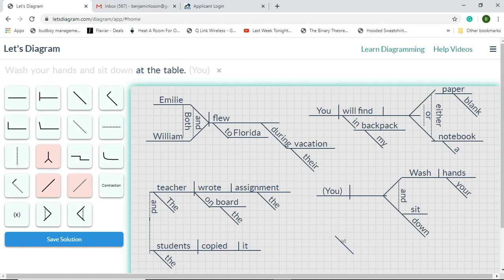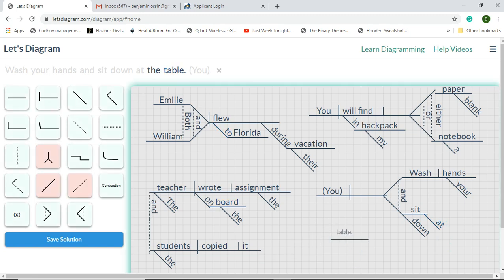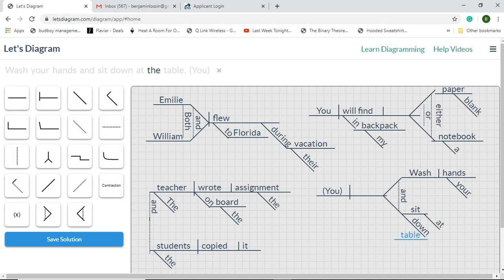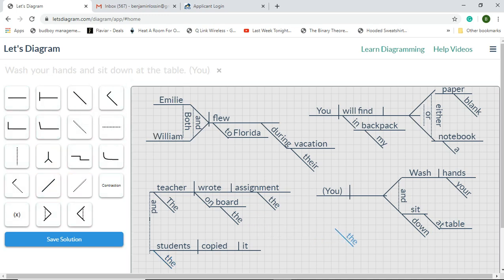It's modifying sit, which is a verb. Okay, so at is our preposition in this. The object of the preposition is table. Right, and the is the adjective modifying table. Easy peasy.